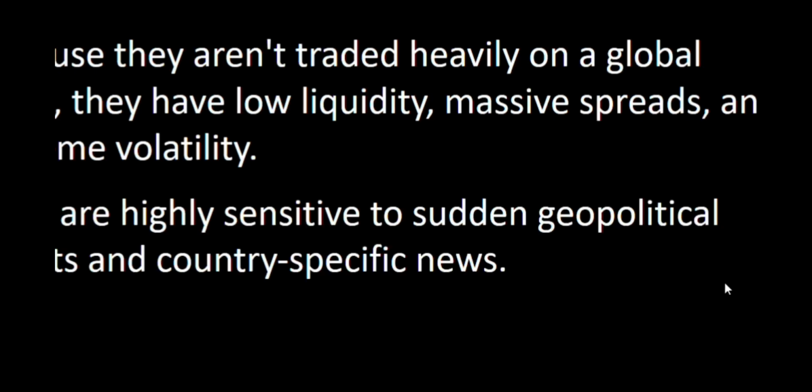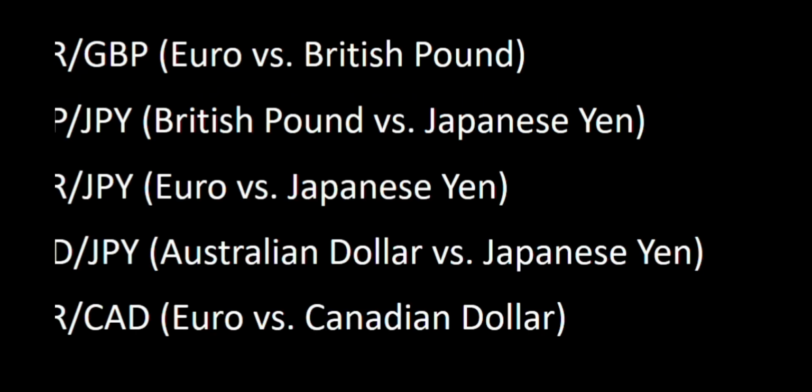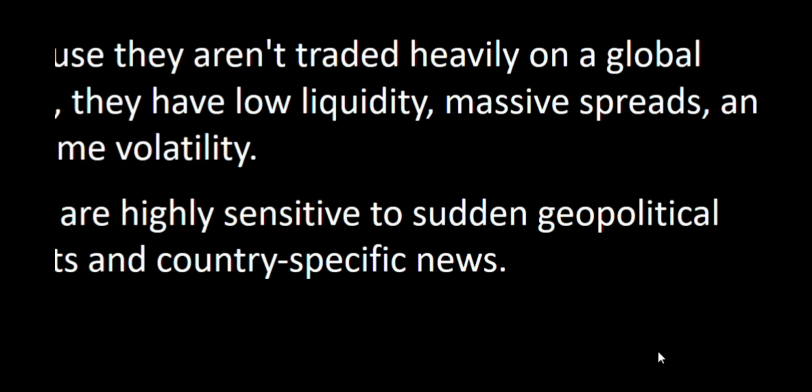Then the third one is exotic pairs. Remember, when you are asked the three categories of currency pairs in forex trading, the first one is major, the second one is minor, the third one is exotic pairs.